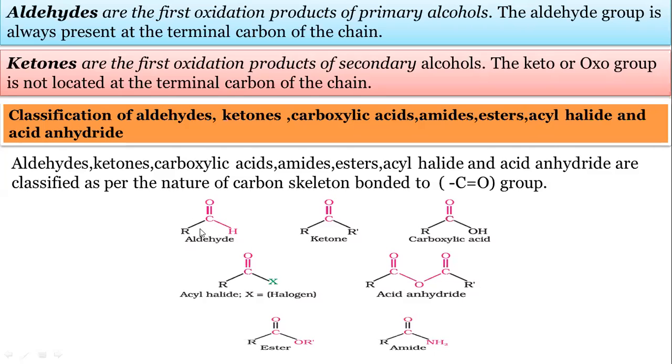So the functional group of aldehyde is CHO, and the functional group of ketone is only CO. To this CO, both R groups will be attached. They will be the same or different depending upon the R groups or Ar groups. The aldehydes and ketones are classified as aromatic and aliphatic.